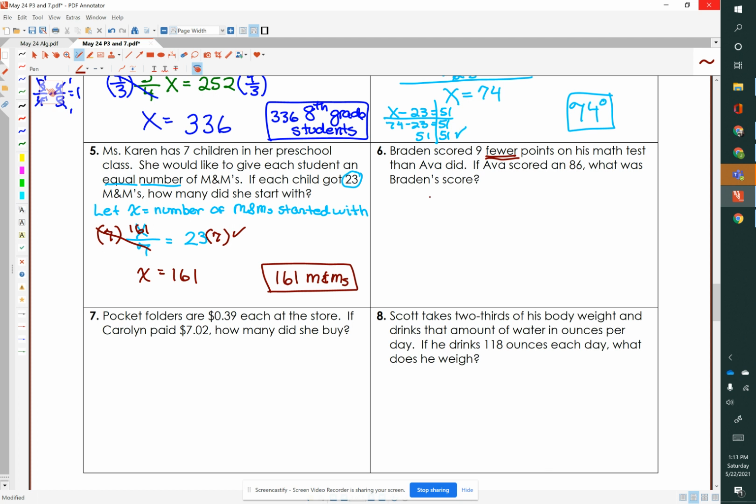Ava minus Braden equals 9. Let's think about that. Ava minus Braden equals 9. So we're going to let x equal Braden's score.